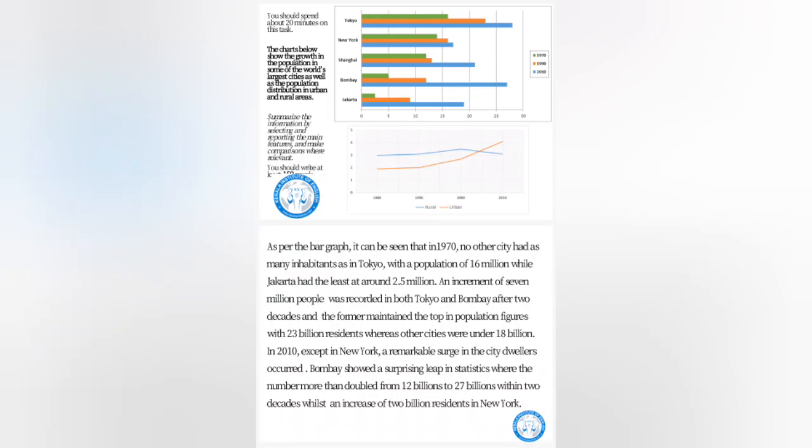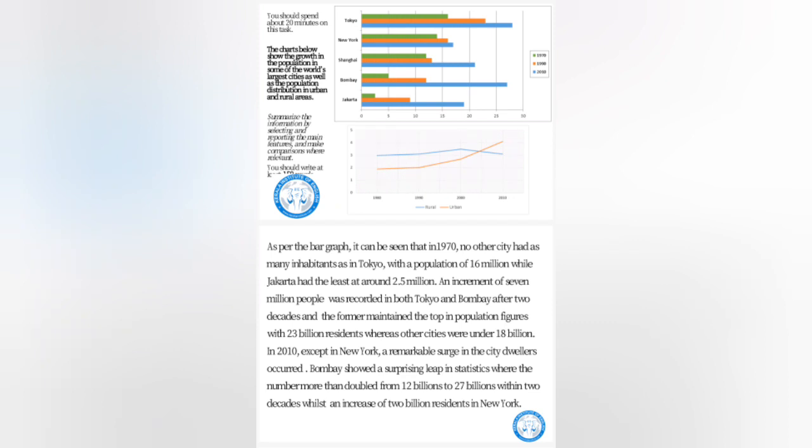Later, there was an increment of 7 million people in the next couple of decades. You can see that happened in both Tokyo and Bombay after a couple of decades. And you can see that I have typed it as billions in this paragraph, even though it is millions. It was a typing error. The next couple of decades showed a dramatic change in the situations in these cities.